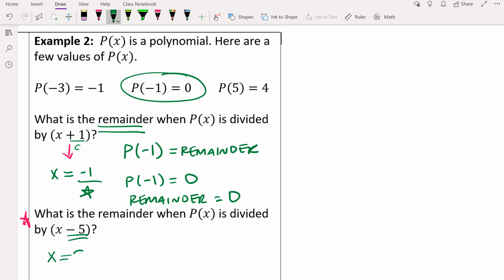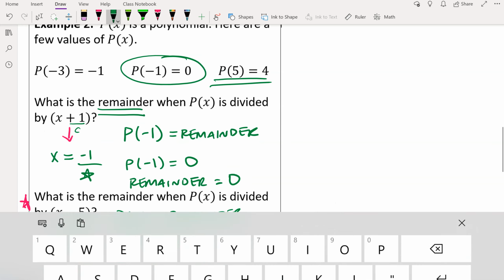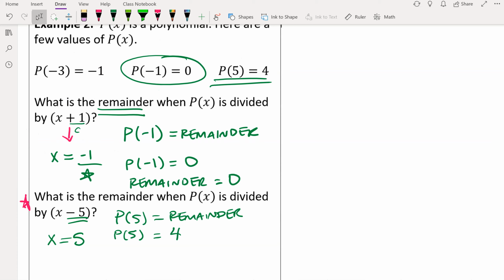So x equals 5. Plug in that. p of 5 will be the remainder. And they gave us p of 5 up here. So p of 5 equals 4. So the remainder was 4. Remainder equals 4. All right, sweet.